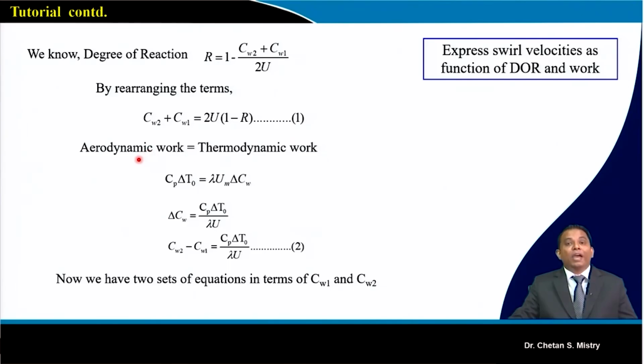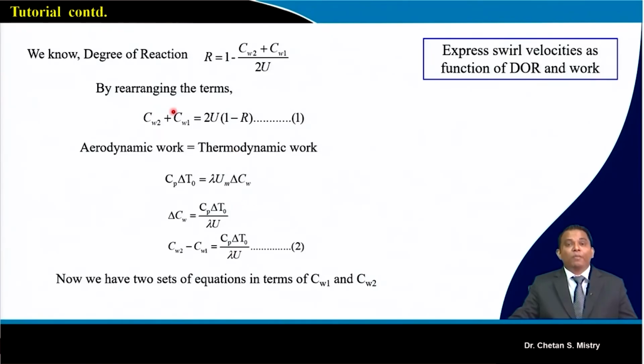So let me put my aerodynamic work and thermodynamic work to be same. If we are putting that, it says my Cw2 minus Cw1, that's what we are representing in the form of Cp delta T0 by lambda into U. I'm sure this is what all we have discussed in our class, but this is just for your understanding what all we are working at this moment.